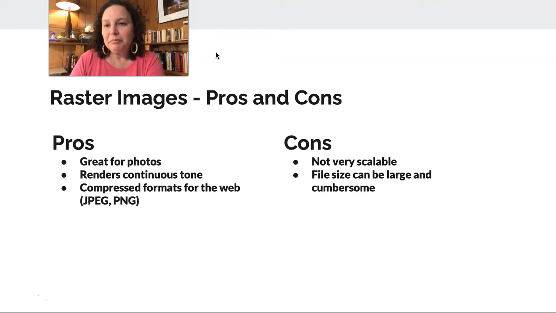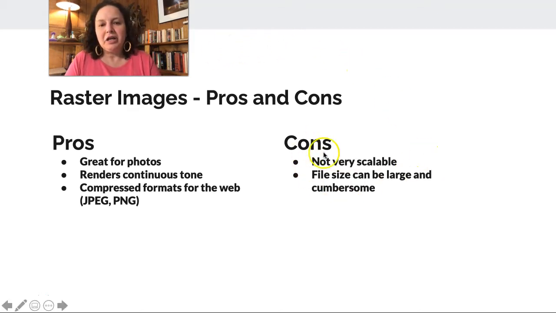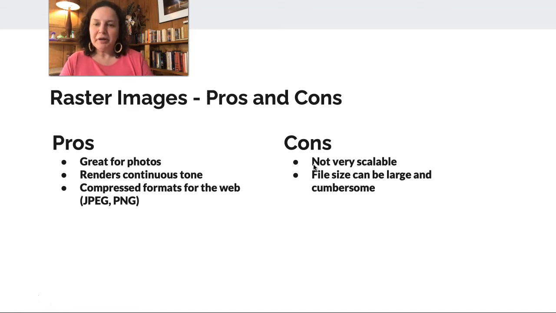A lot of people do design artwork, like illustrated artwork, using raster-based tools, and that's fine. But if you look at our cons list, it's not scalable. That's not something that you can't get around, or can't work with, but just as I said before, you really have to know that going in.